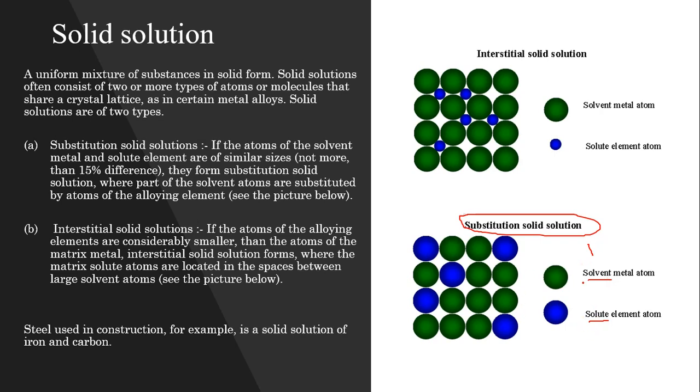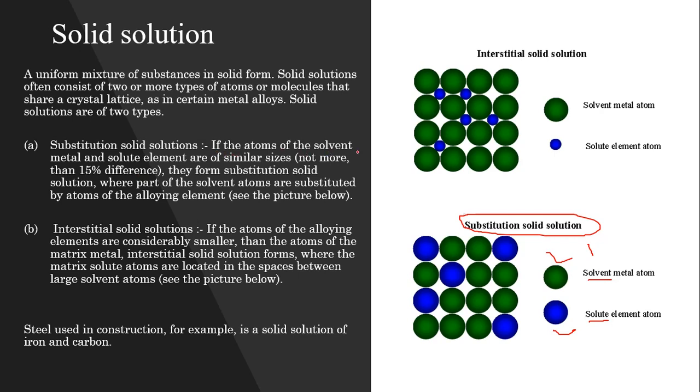What happens here is that the solvent atoms are replaced, or substituted, by the solute atoms, shown in green. Here you can see the solvent has more atoms than the solute. So the solvent is the major percentage element, and the solute is the minor percentage element, the element with less composition. Let's look at it in detail.